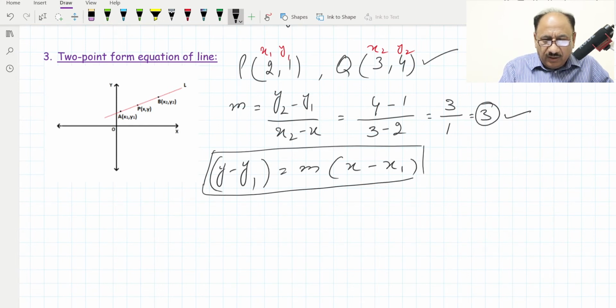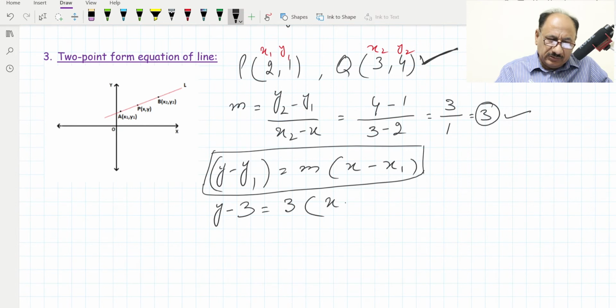If we write it down, y minus y1 will be 1 is equal to gradient 3, so x minus x1. Basically I will be taking this point, so x1 is 3, so I will write here 3.